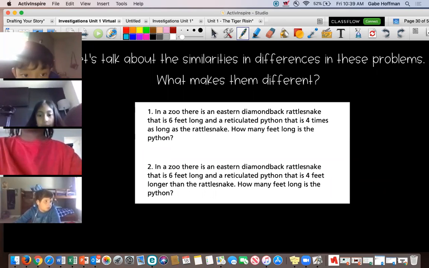How many feet long is a python? Thank you.